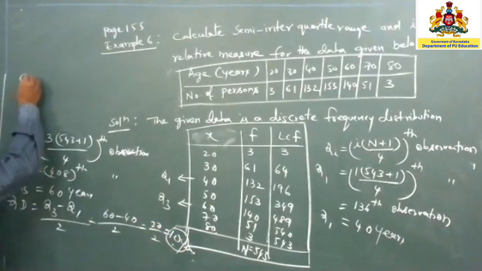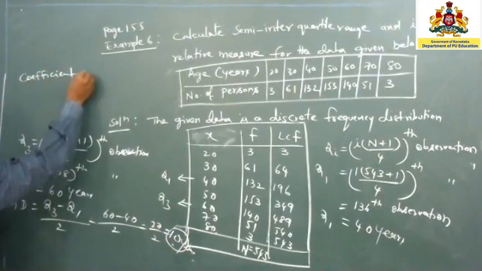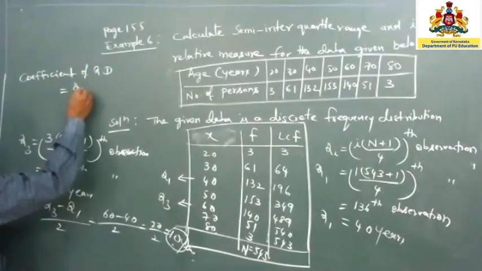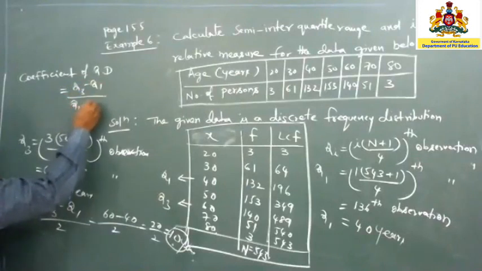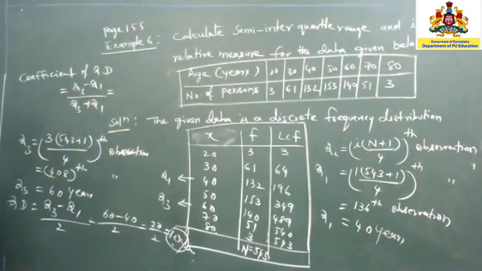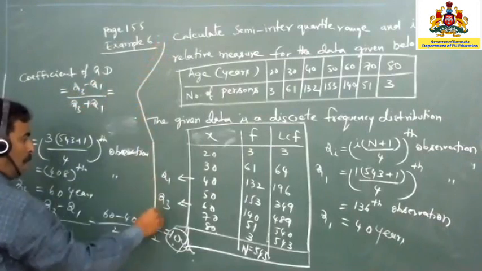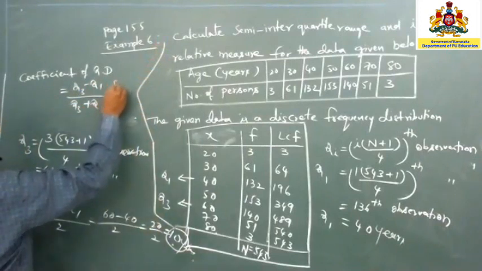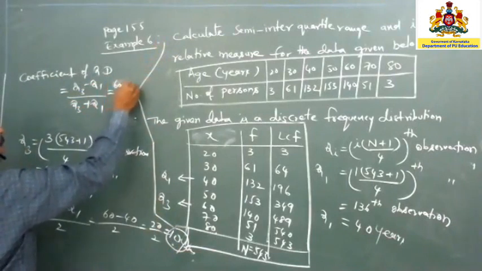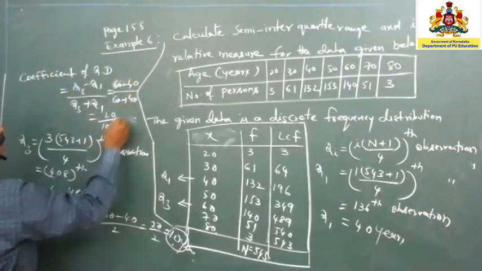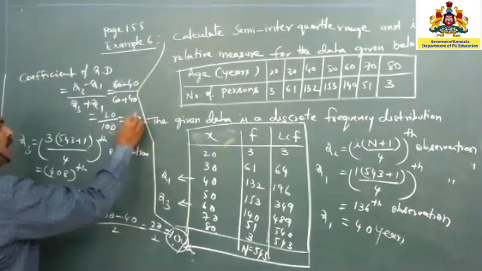Now the coefficient of quartile deviation equals (Q3 minus Q1) by (Q3 plus Q1), equals (60 minus 40) by (60 plus 40), so 20 by 100, 0.2. It does not contain units.